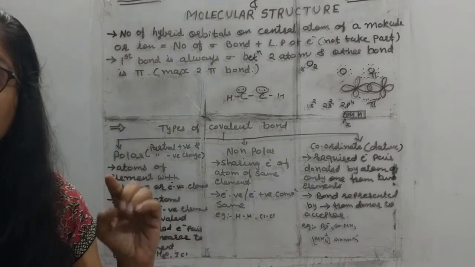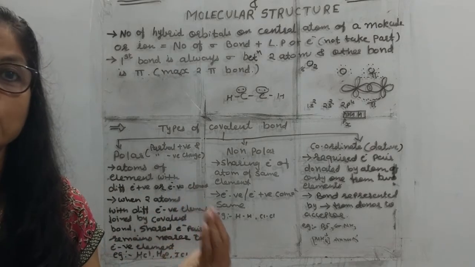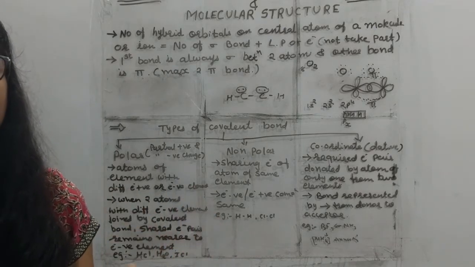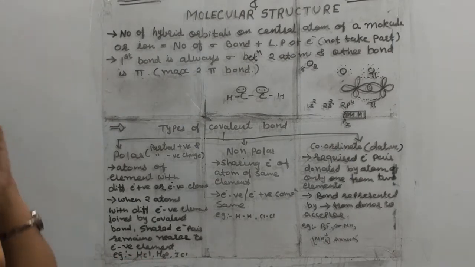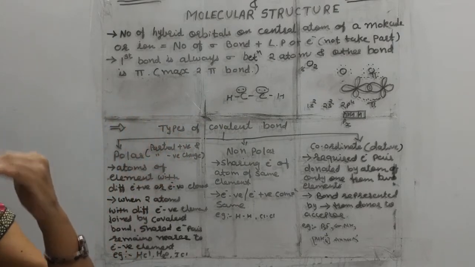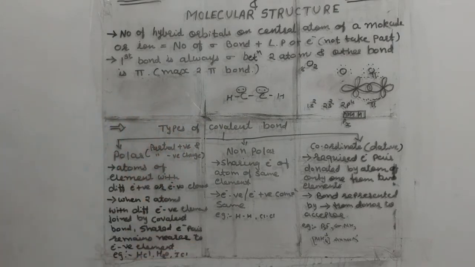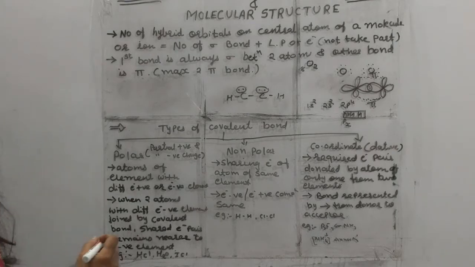Here we are talking about the covalent bond, and a polar bond is formed only and only in the covalent bond. So KCl, NaCl, that is ionic bond, and here we are talking about HCl, H2O, HF, ICl. They all are known as the polar covalent bond.